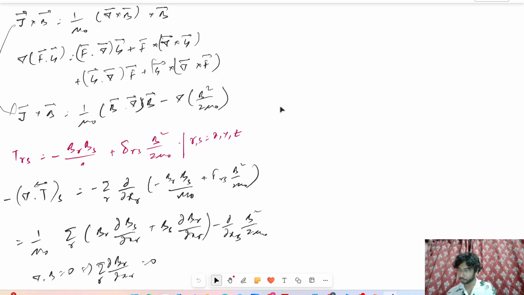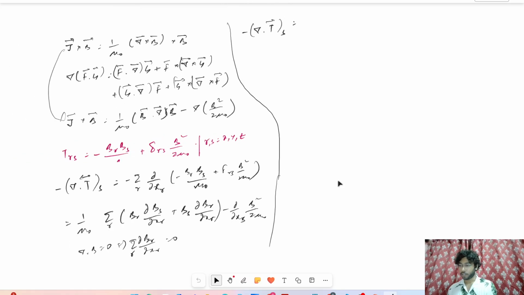Using this property, minus del dot T_S will be 1 by mu naught summation over R, B_R del B_S by del x_R minus del by del x_S of B square by 2 mu naught.